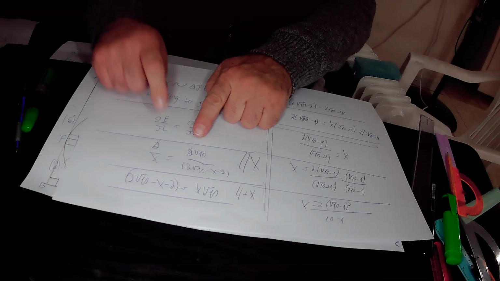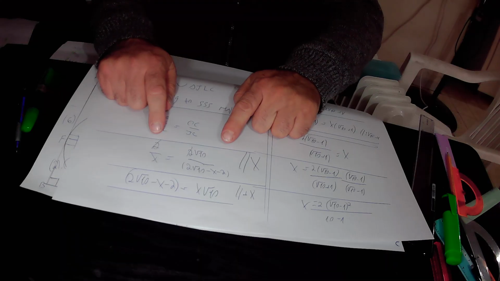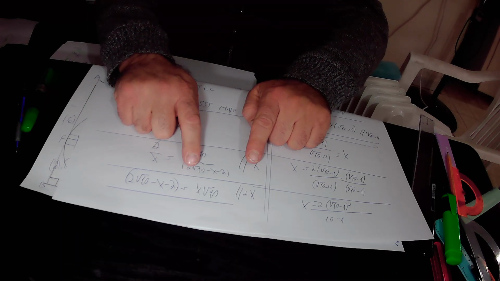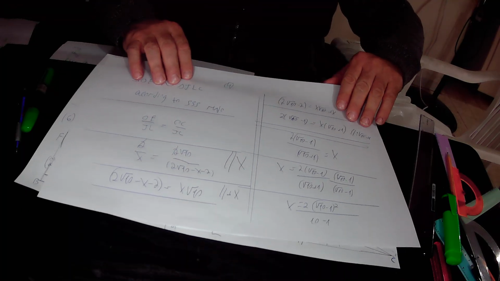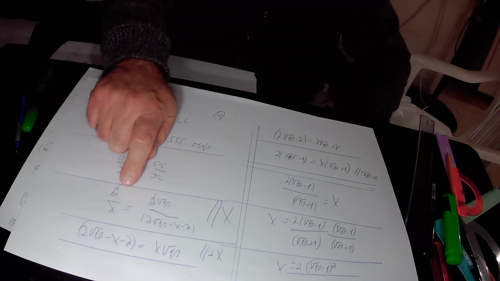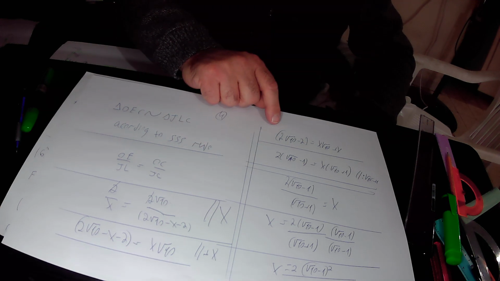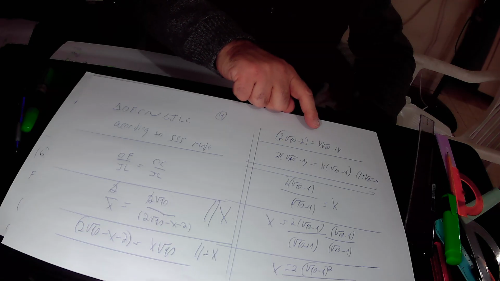Here we have 2 on both sides of this equation, so the 2 will get cancelled. By cross-multiplying this equation, we found out that 2 times root of 10 minus x minus 2 equals x times root of 10. So we added x to both sides of this equation, and we found out that 2 times root of 10 minus 2 equals x times root of 10 plus x.